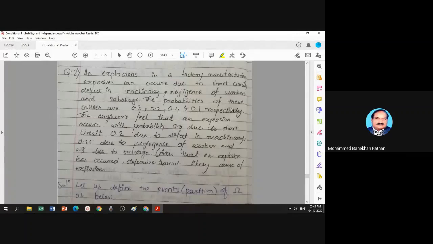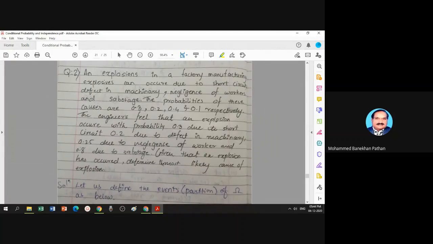Remember, in Bayes theorem, the chance of partition altogether should be 1. So explosion occurs due to 4 causes. If you add these probabilities, it should compulsorily be 1. In other words, you call this a partition of the information.